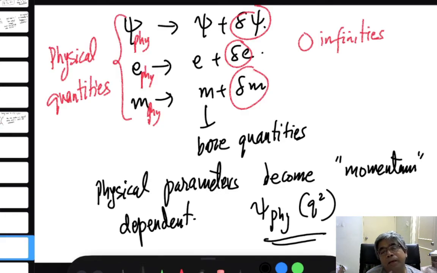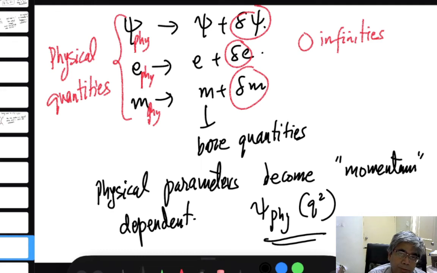All these parameters can be redefined because there are enough parameters compared to the kinds of infinities in your theory, and such a theory is called a renormalizable theory. It's a very important quality of a quantum field theory, required if you want to test it with experiments. If it is not renormalizable, there is no way you can test it, because you will have all these infinities floating around.